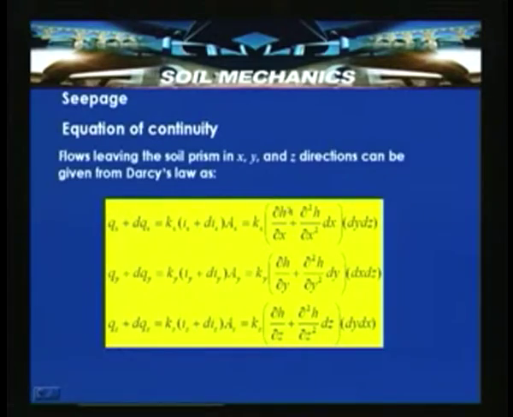So, this expression can be simplified as kx into dou h by dou x plus dou square h by dou x square into dx, and this is occurring over the area dy dz. So, now qx plus dqx, similarly we can write qy plus dqy and qz plus dqz.